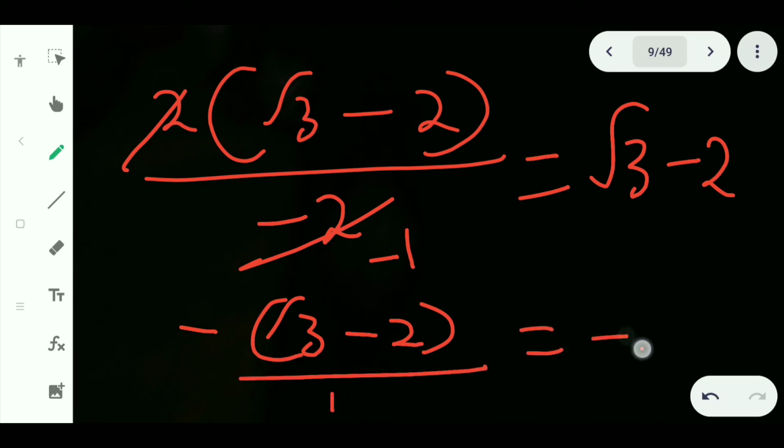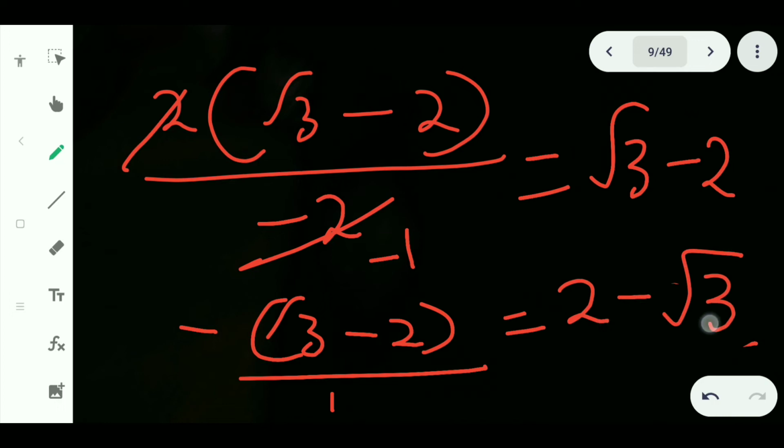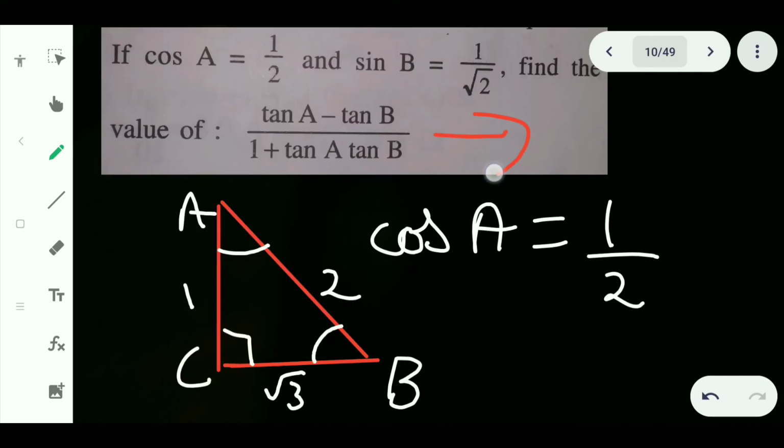So you are getting minus root 3 plus 2, which is equal to 2 minus root 3. So the final answer you are getting is 2 minus root 3.